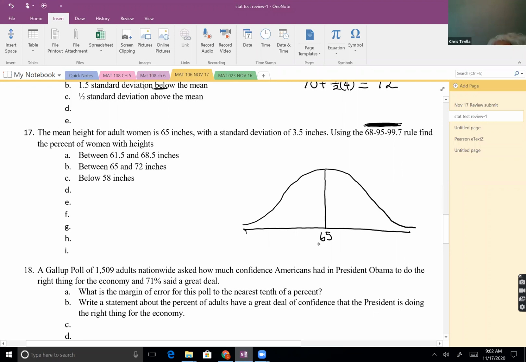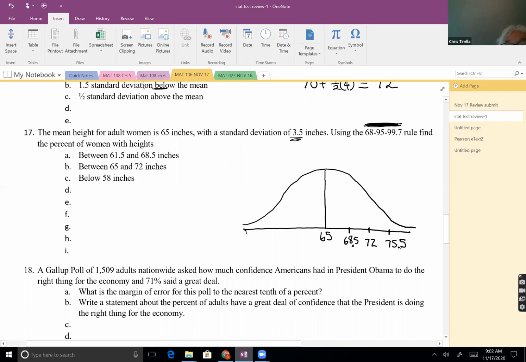And then, do you remember, going across, we count up using the standard deviation. So 65 plus 3.5 is 68.5. Plus 3.5 would be 72. Plus 3.5 would be 75.5.